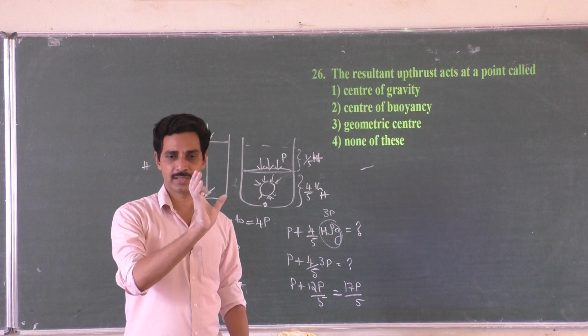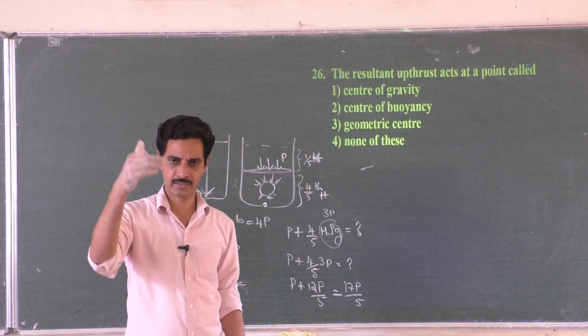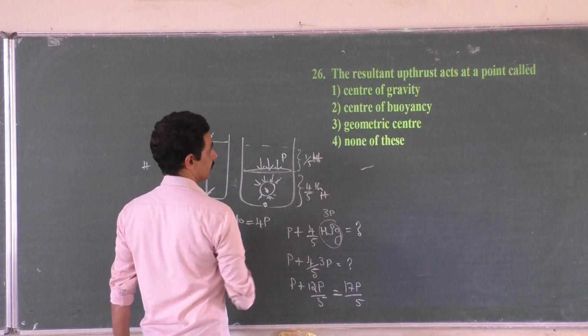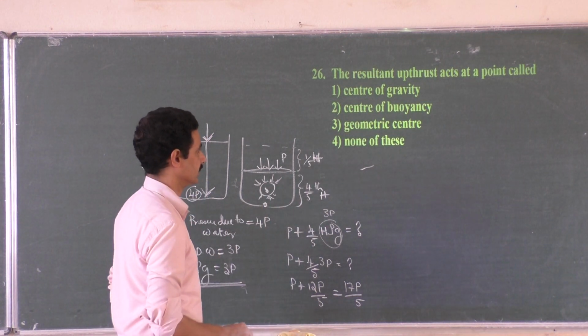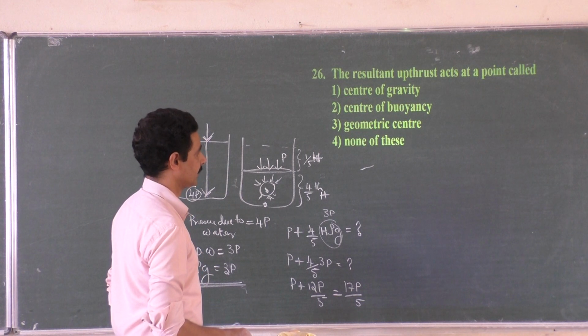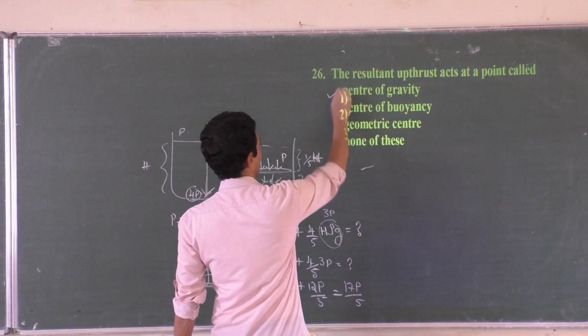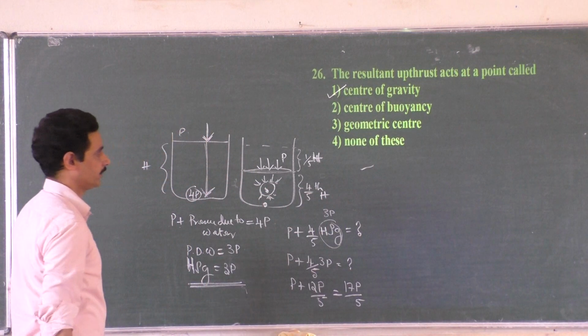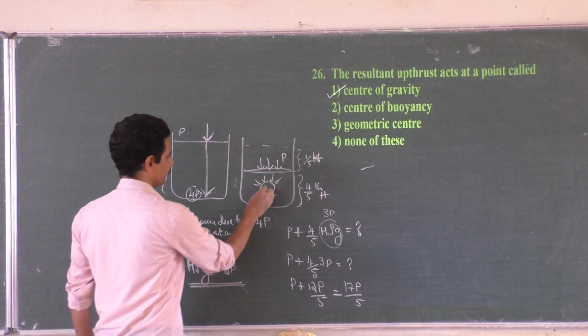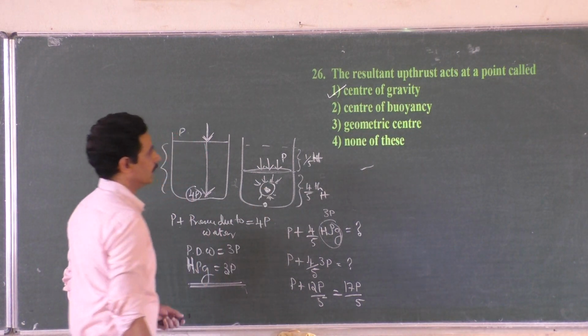So resultant upthrust minus down one acts at the center of gravity, right? And that is called center of buoyancy. The resultant upthrust acts at a point called center of gravity, not center of buoyancy. It is called center of gravity. It acts here, right? Okay.